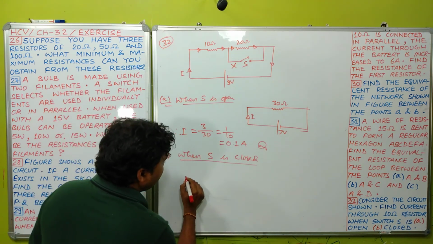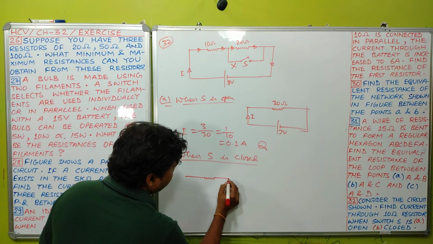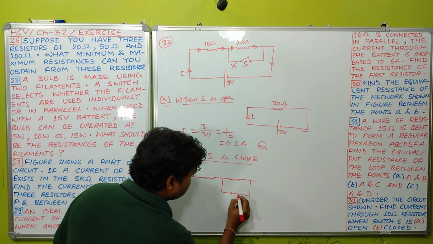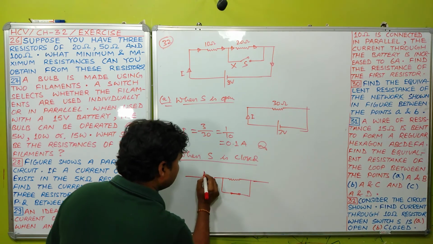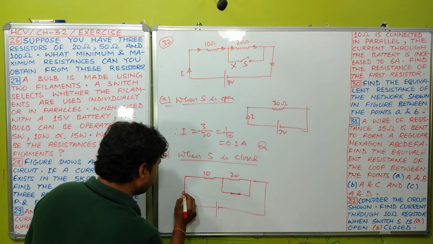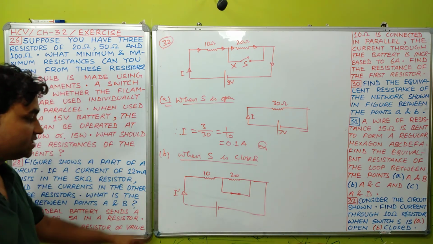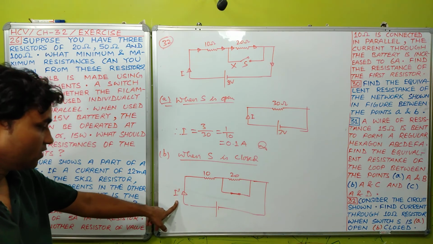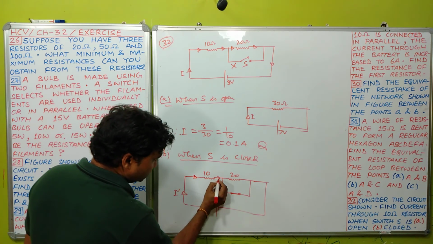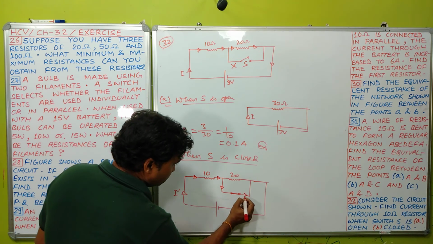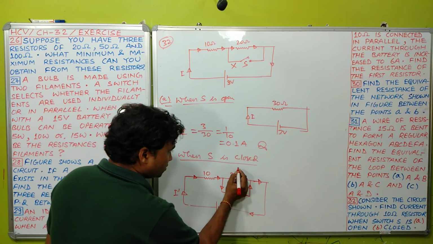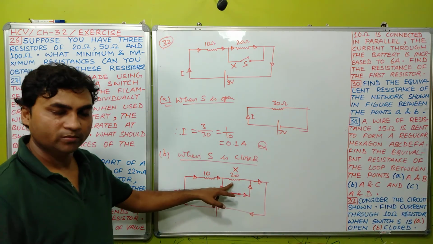Means the situation is like this: the switch is closed, this is 10 ohm, this is 20 ohm, and this is your battery. Let the current flowing in this condition be I dash. This I dash current will flow through this, and now this, like this. Current will not flow through this 20 ohm resistance.